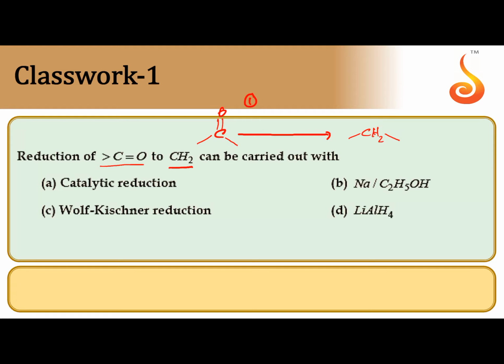One is Clemmensen reduction, zinc amalgam and HCl. The other one is Wolff-Kishner reduction, where hydrazine followed by KOH in ethylene glycol is used. So, reduction of carbonyl compound C=O to CH2 can be done by Wolff-Kishner reduction, because Clemmensen reduction is not given.